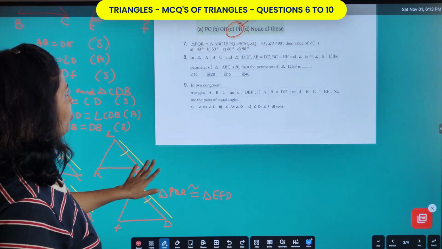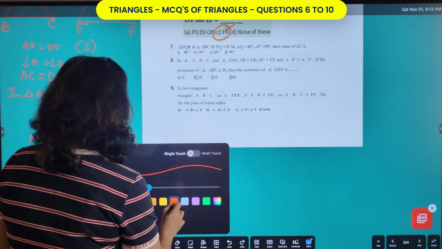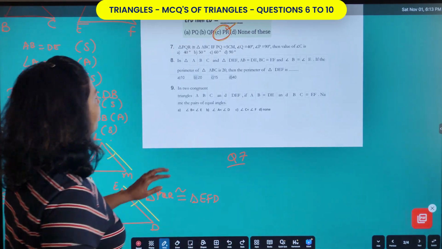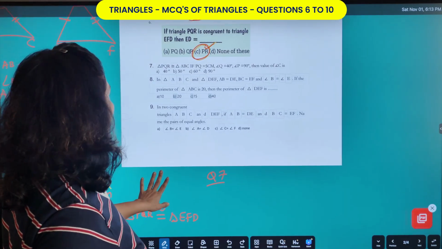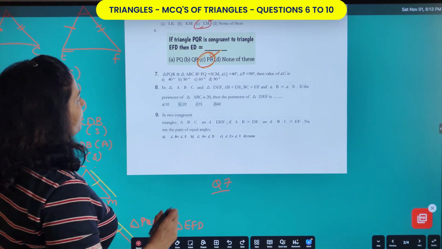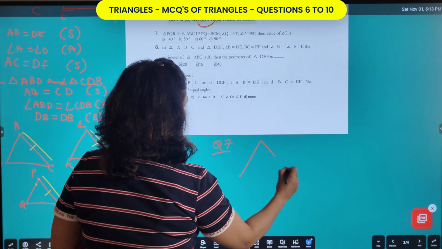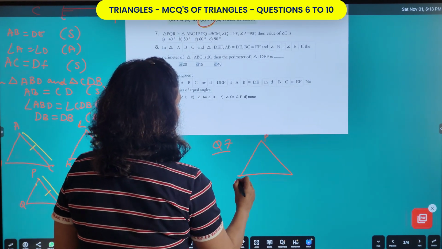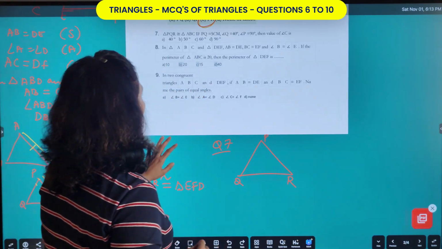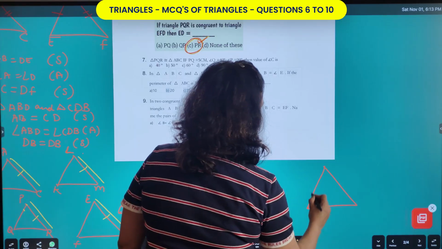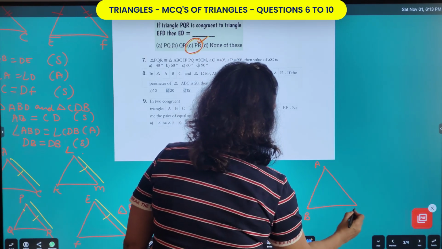Now coming to the 7th question. Question number 7. In the 7th question they have given you triangle PQR. Again we can make the diagram. Triangle PQR congruent to triangle ABC.